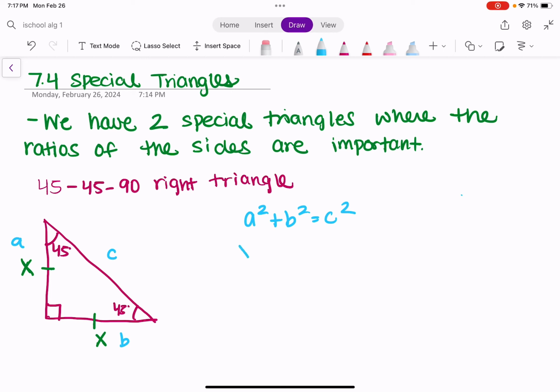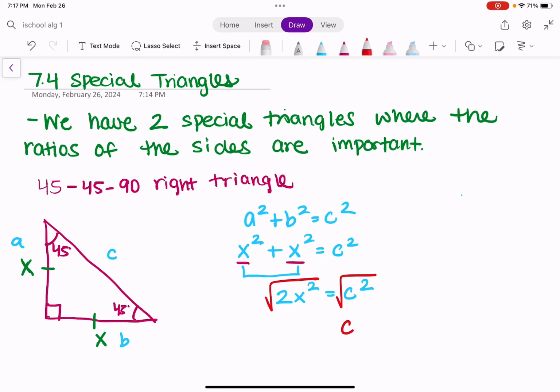Okay, so my a is x, so I have x squared plus x squared equals c squared. Now these are obviously like terms, so I can combine these and write it as 2x squared equals c squared. Now, I'm trying to find what c is, so to get rid of the squared, I'm going to square root both sides, okay?